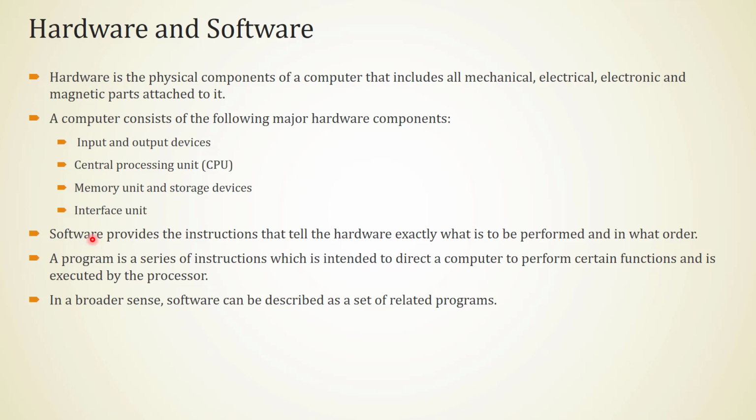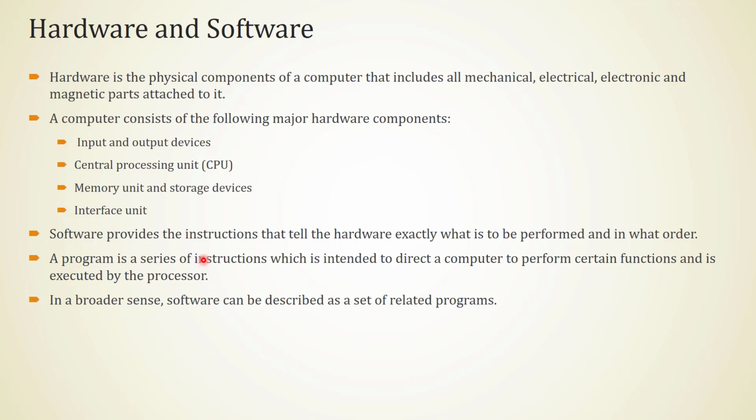Next is software. Software provides the instructions that tell the hardware exactly what is to be performed and in what order. So anyway, computer is a machine which is there to minimize the human effort, so we have to give instructions to the computer. Based on those instructions only, the computer will process input data.